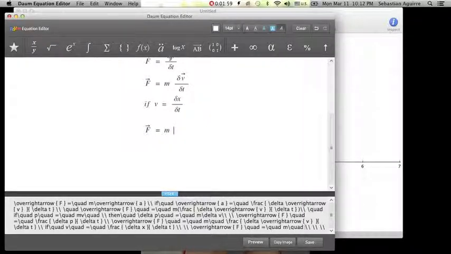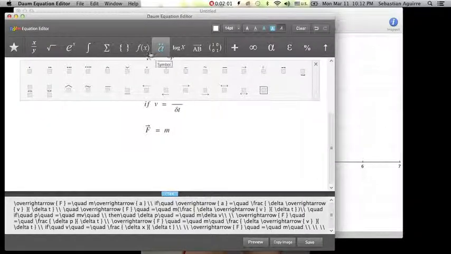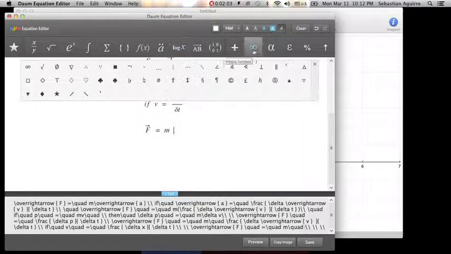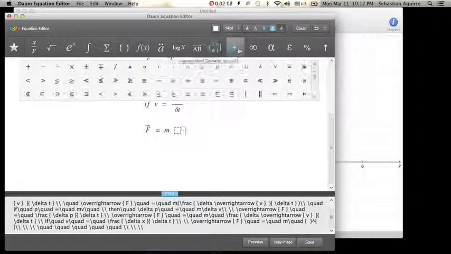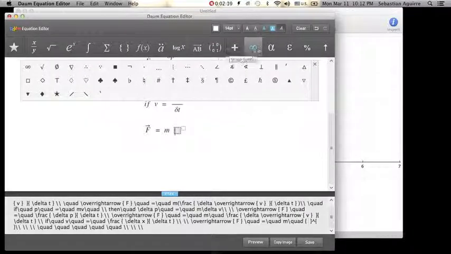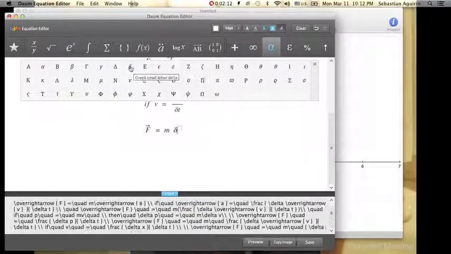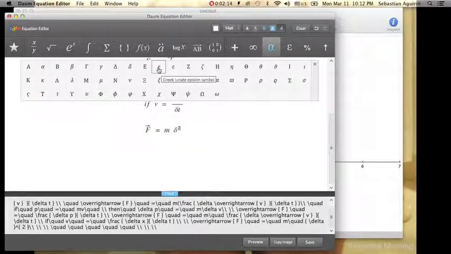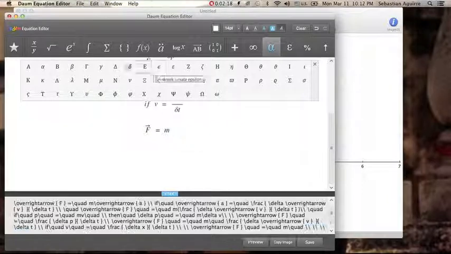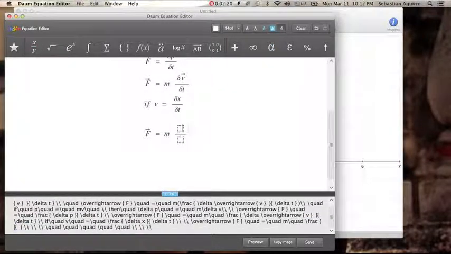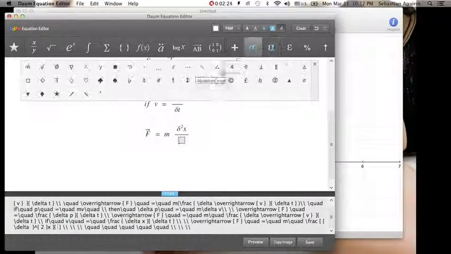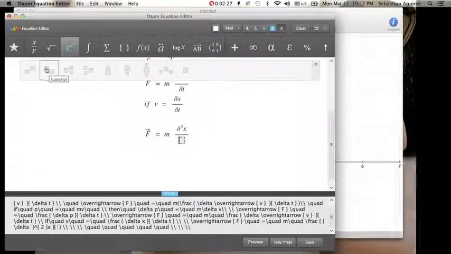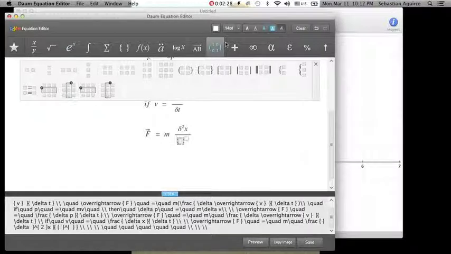force is equal to m times the double derivative of x with respect to time, sorry. I always forget that these need to go first.